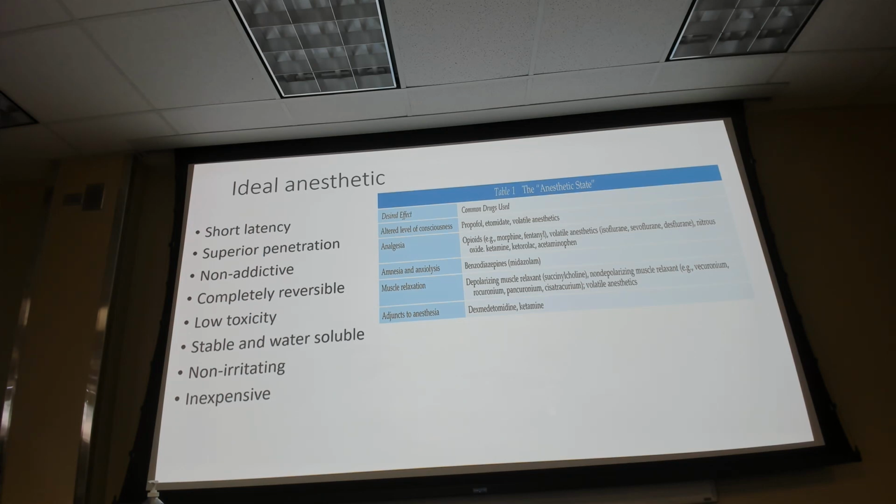If you're looking for amnesia, ketamine works great for that. And then we obviously have our muscle relaxation medications we can use. And then some of the adjuncts, like dexmedetomidine, is becoming a lot more common nowadays, especially on the inpatient side of the hospitals, and then ketamine.